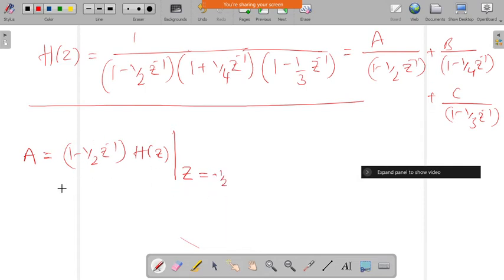Okay, so like that you can find it. So if we put this value, we are going to get the value of a.